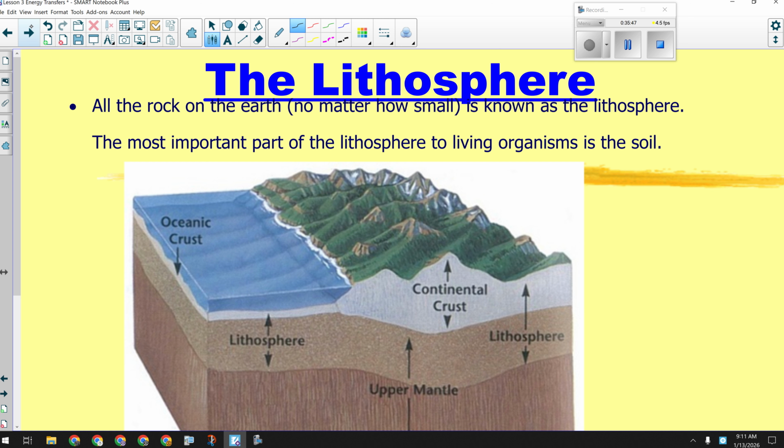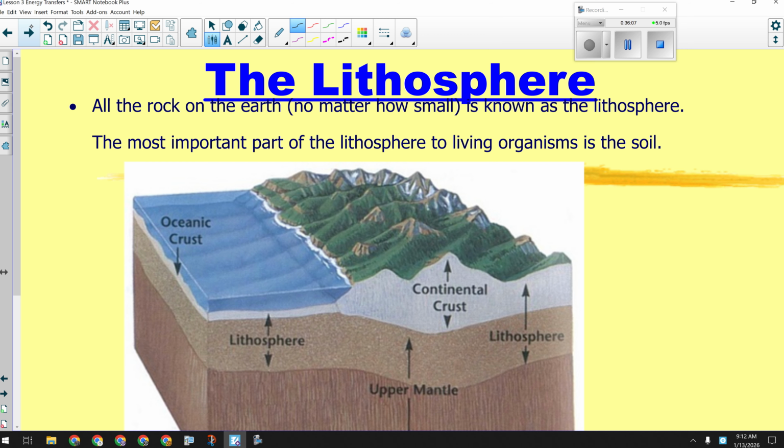The role of the lithosphere is not at all to transfer energy, because the lithosphere can't move. It's solid. The particles are stuck. They can't move past each other, and so very little energy is transferred through the rocky part of the Earth.